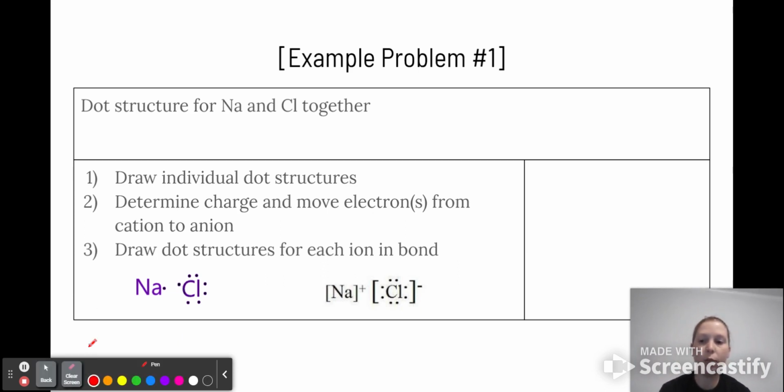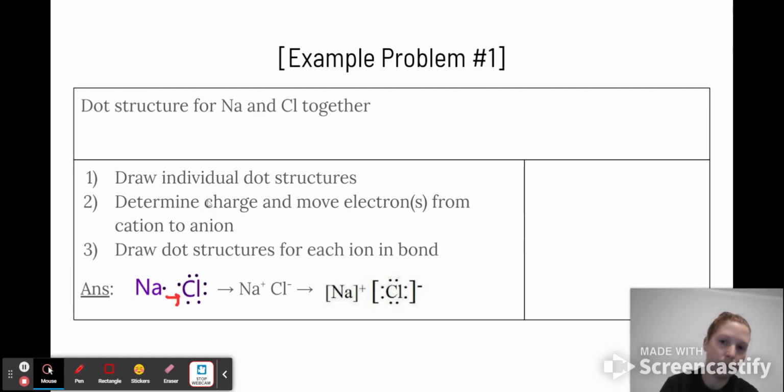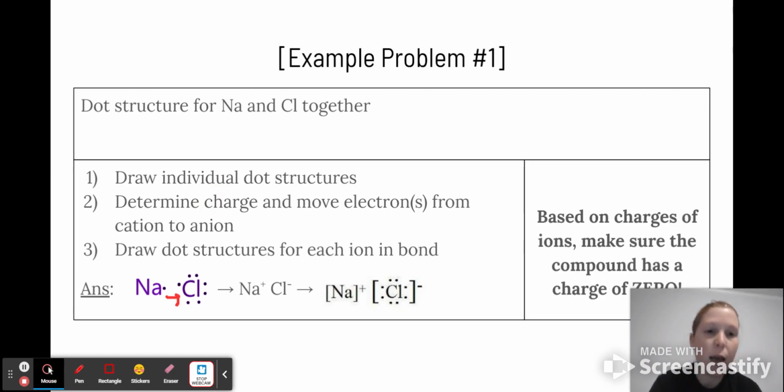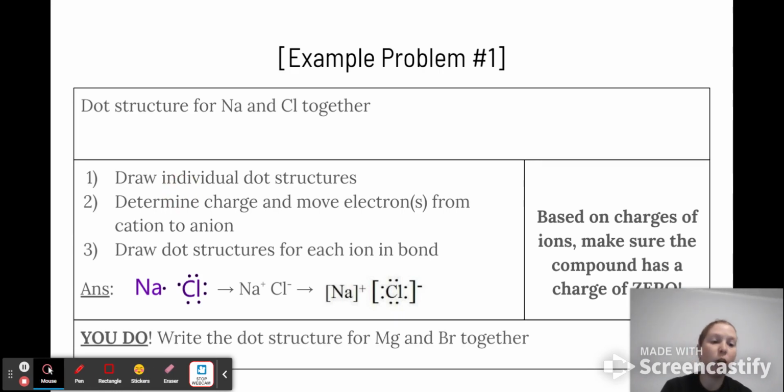We're going to move that electron from Na to Cl. And once you do that, you will write them in their ionic structure form. Okay, and then based on the charges of your ions, make the complete compound have a charge of 0. Now, I want you to pause the video and try to do this for magnesium and bromine.